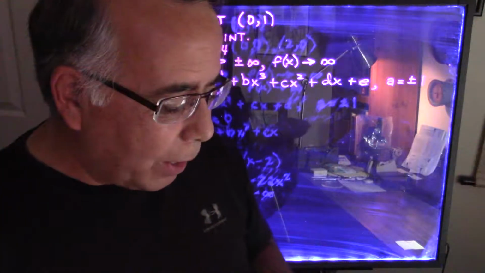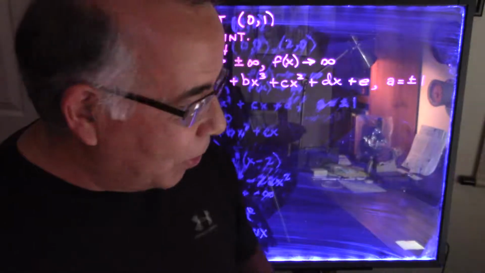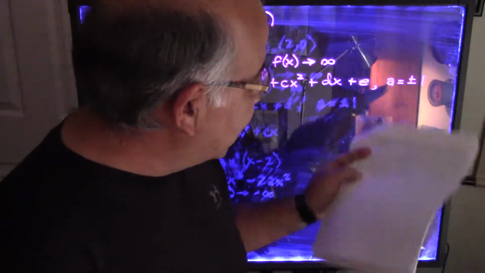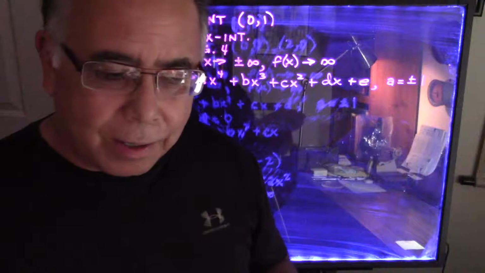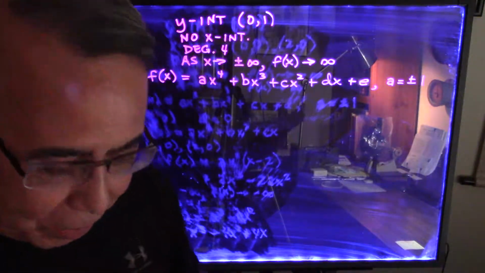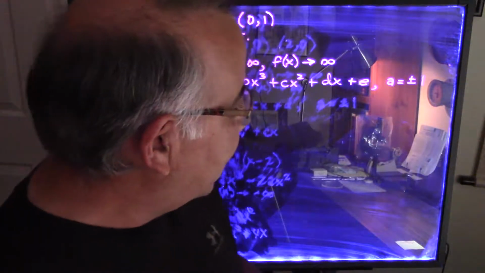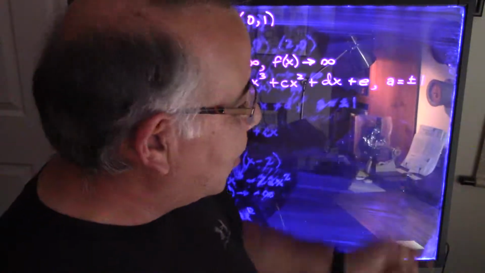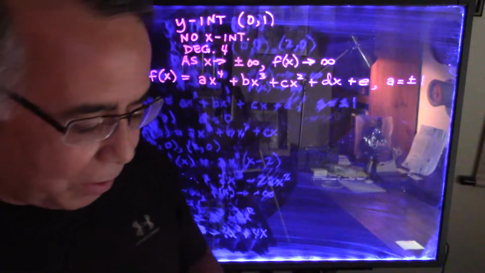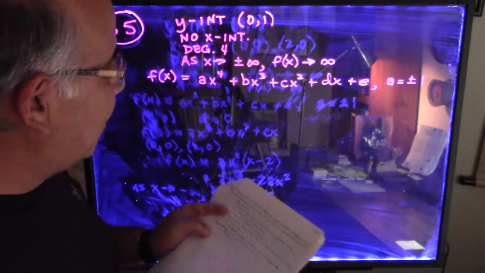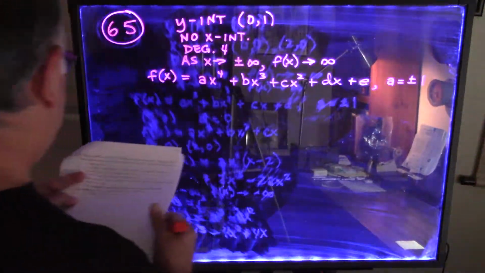There's a certain number associated with his name, and it's symbolized by lowercase e. You'll study that later, coming up soon in logarithmic and exponential functions. But for now, let's just disregard Euler's number and just say this is the constant term. As long as you and I understand each other, I think we'll be okay. So this is not Euler's number.